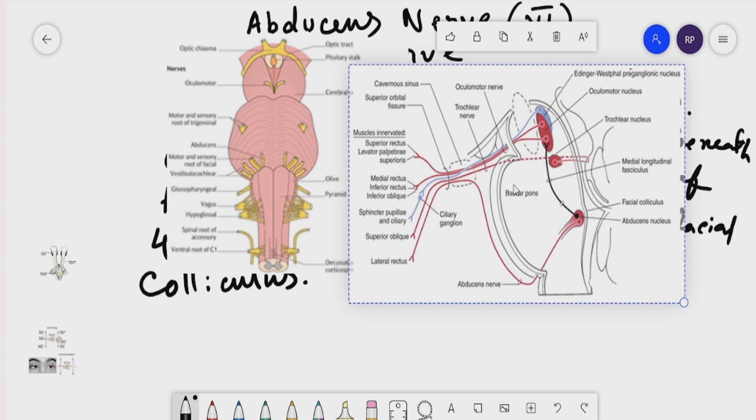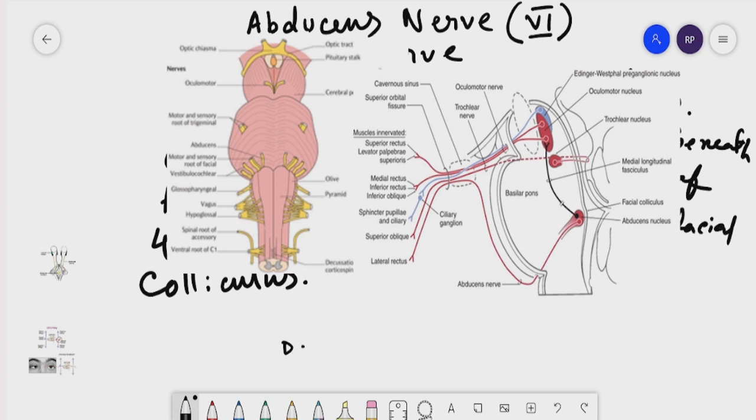This area is pons, this is medulla oblongata, this is fourth ventricle, and this is the floor of the fourth ventricle, and this elevation is called the facial colliculus, and at that level the abducens nucleus is situated, and from this nucleus the abducens nerve fibers arise and go downward and forward, and from the lower sulcus of the pons they come out from the brainstem and then go through a bony canal known as Dorello's canal.